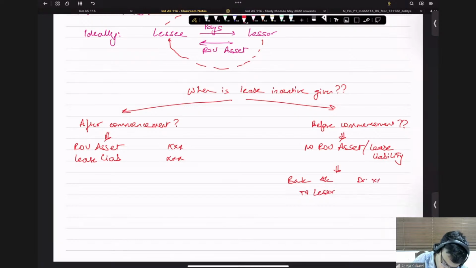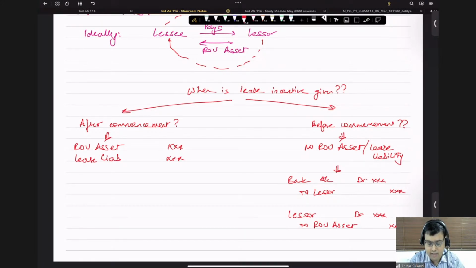You get the amount from him and park it in advance received. And then once the ROU asset is recognized, you will pass the entry lessor account debit to ROU asset. You cannot credit the lease liability because your liability is not increasing on this account. Have you understood what happens before commencement?